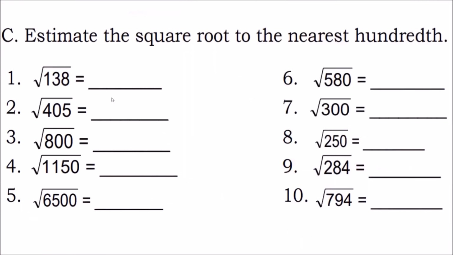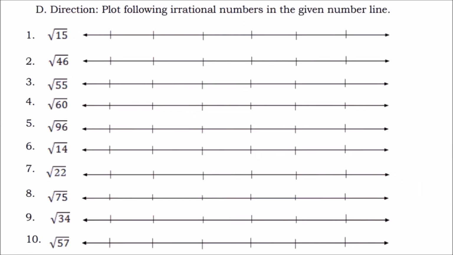Letter C, estimate the square root to the nearest hundredths. So you will compute, of course, you will find what are the two integers between and estimate the value of the square root of a number. Letter D, graph or plot the following irrational numbers or radicals or square root of a number. So, hindi natin siya mapaplot kung hindi natin kukuhanin ang estimate value ng bawat square root of a number.